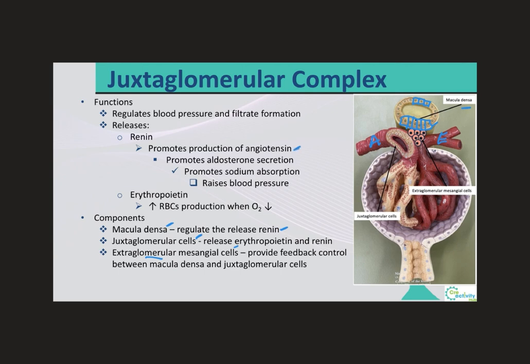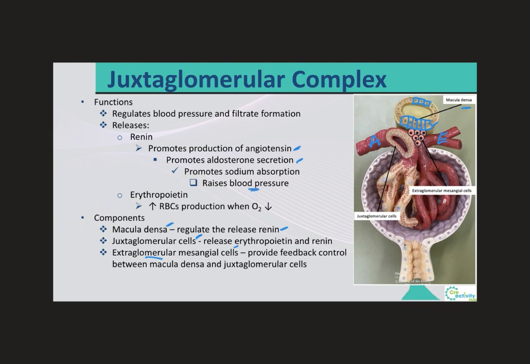Now, angiotensin is a protein whose presence in the blood will promote the secretion of another hormone called aldosterone, which is the hormone that we were talking about in the previous slide, that is synthesized in the adrenal gland, and it will have a function in regulation of the sodium ion concentration to control and regulate the blood pressure.